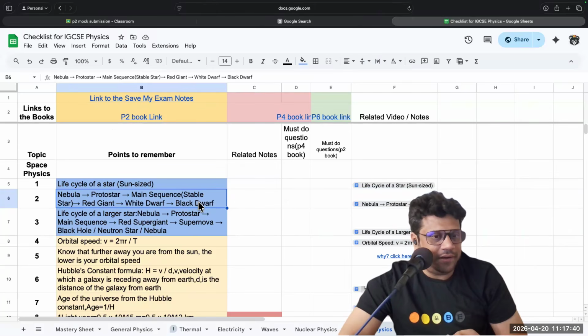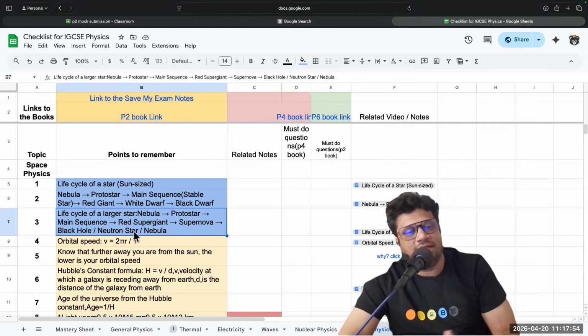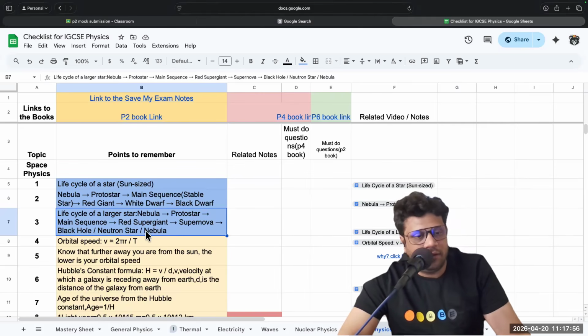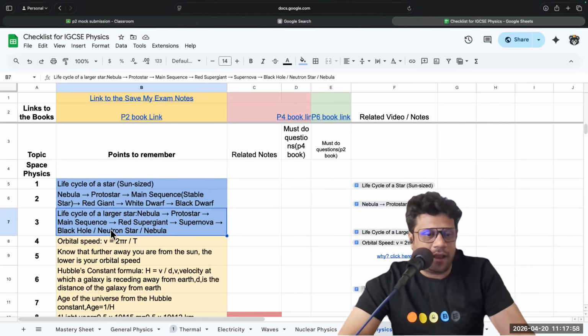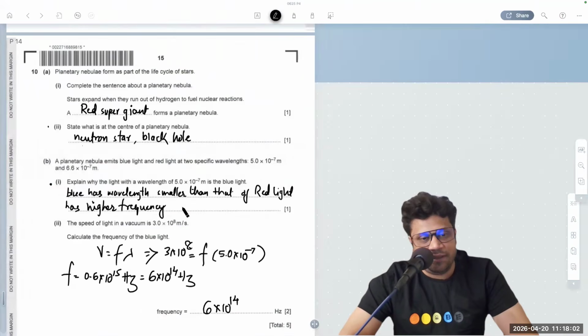Okay, and from a nebula to a neutron star or a black hole. So you see how nebula is at the beginning and the end of the life cycle. So that is where we are when a red supergiant explodes, and what remains is a nebula, which may have a black hole or a neutron star at its center. Okay, so that was basically my thing.